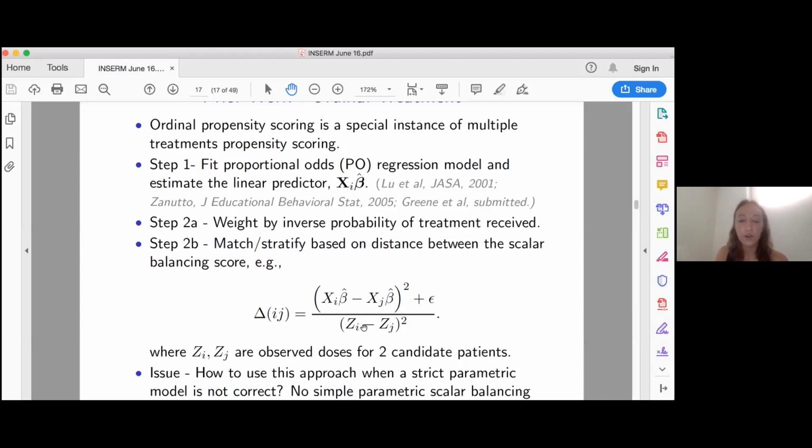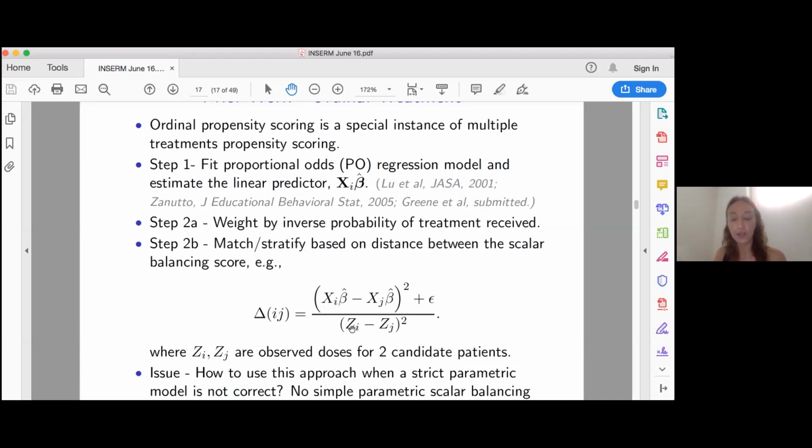And this is the doses received by those patients. So patient I got dose 1 and patient J got dose 4. That's going to make this small, which is going to make us more likely to match those patients, right? If this distance is small, then I want to match those people, right?